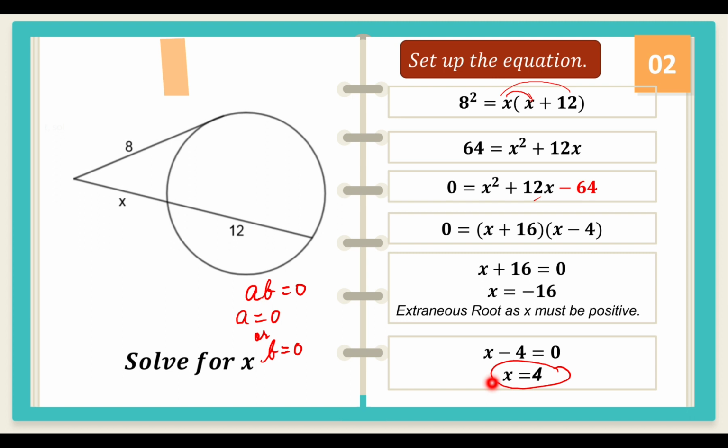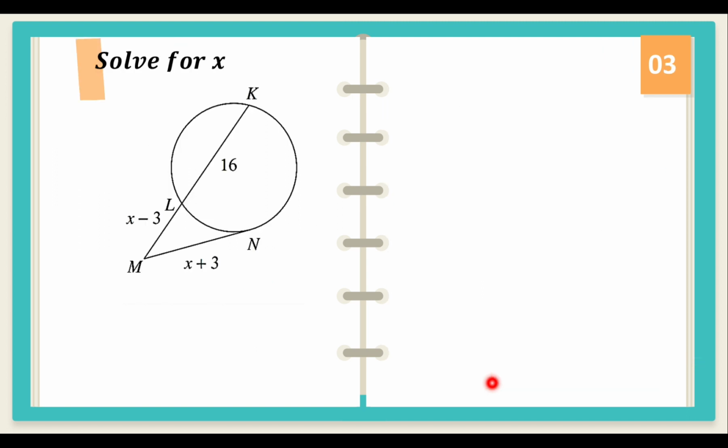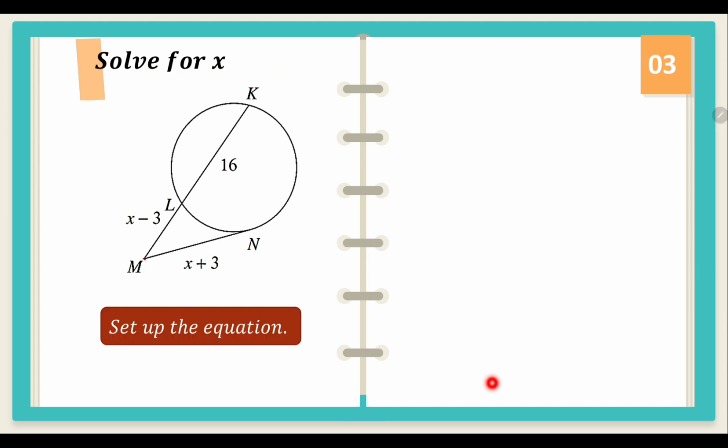That was example number 2. Let's proceed to example number 3. Still, we are given a circle with a secant segment and a tangent segment intersecting outside the circle, and the point of intersection is point M. Again, we set up the equation. What would be the equation? Let's identify the tangent, and the tangent segment is MN.